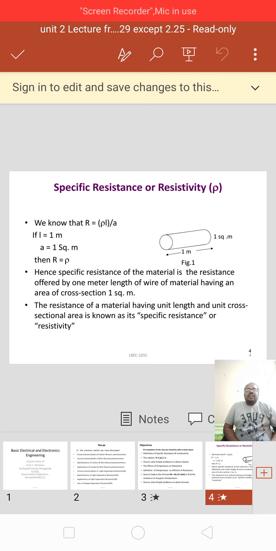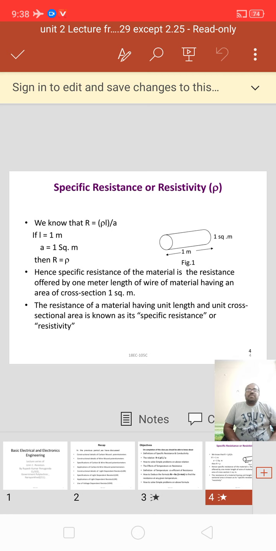Here we have learned that the specific resistance of the material is defined as the resistance offered by 1 meter length of the wire of material having an area of cross section of 1 square meter. The resistance of the material having unit length and unit cross sectional area is known as its specific resistance or resistivity.